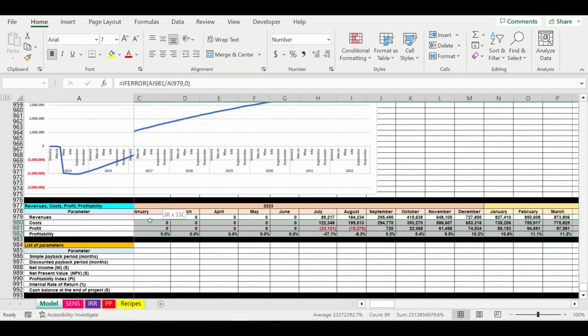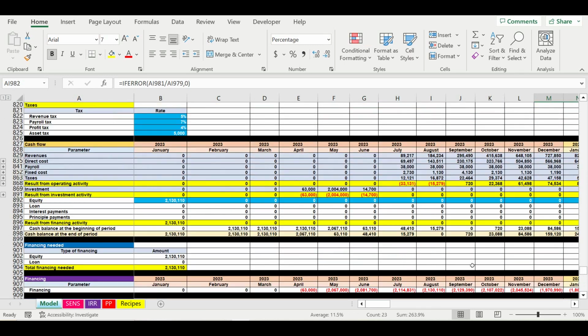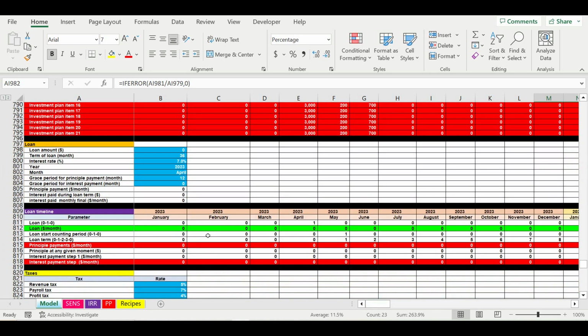So here, comparing different scenarios, we can see the best way of using loan and our own funds.